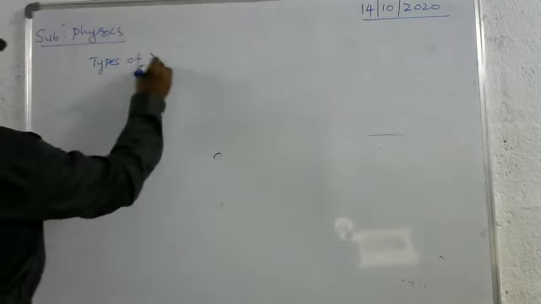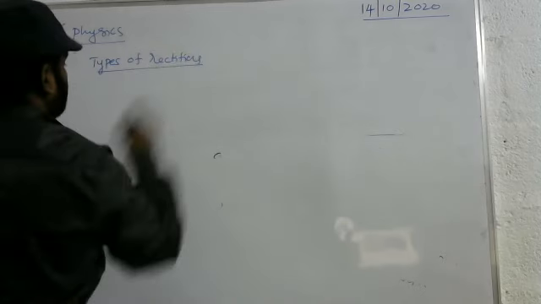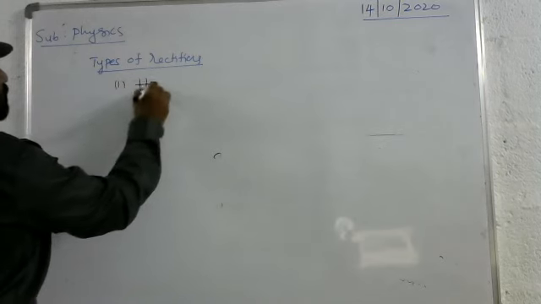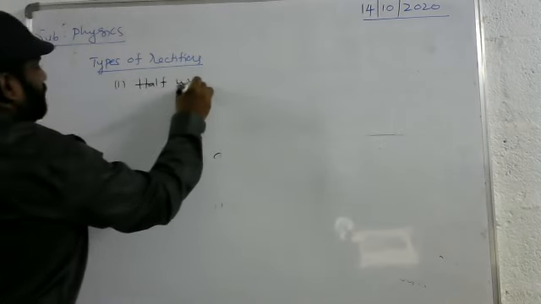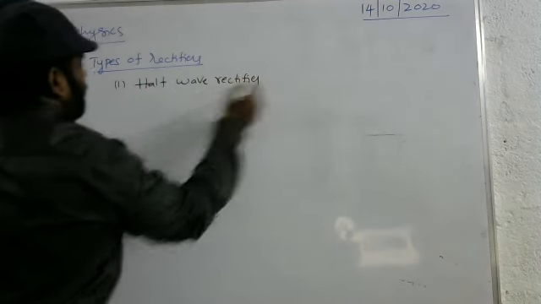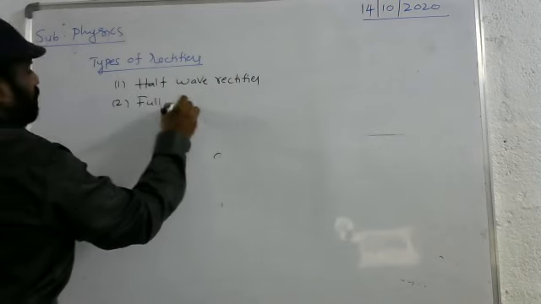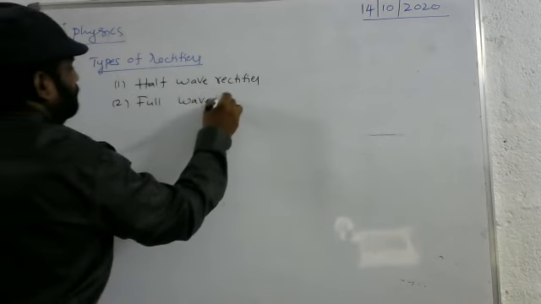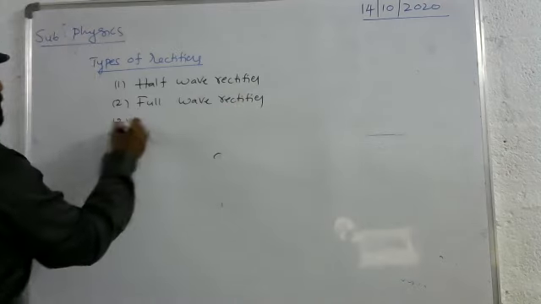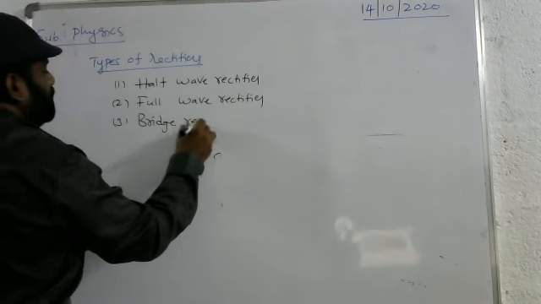First one is the half wave rectifier. Second one is the full wave rectifier, and the last, third one is the bridge rectifier.